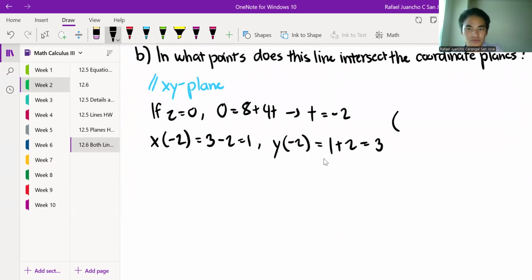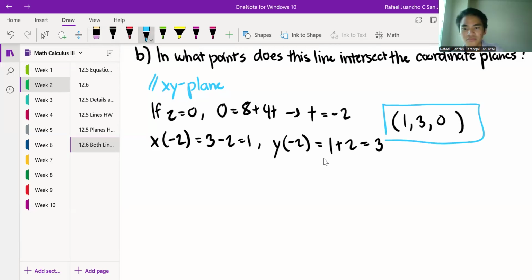And so a point would be 1 for x, 3 for y, 0 for z. Right? 1, 3, 0.